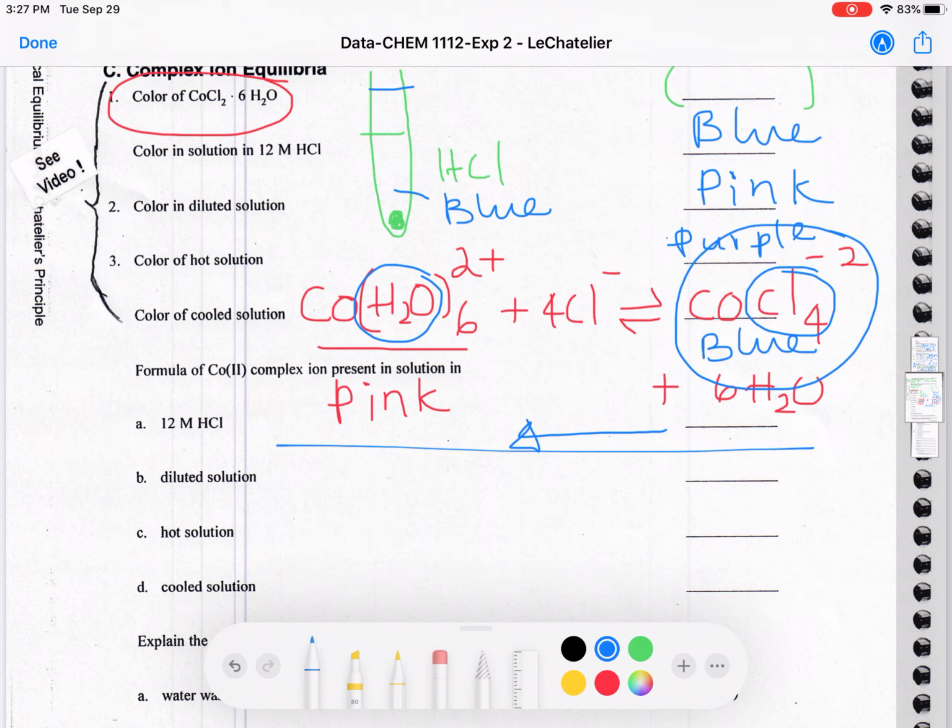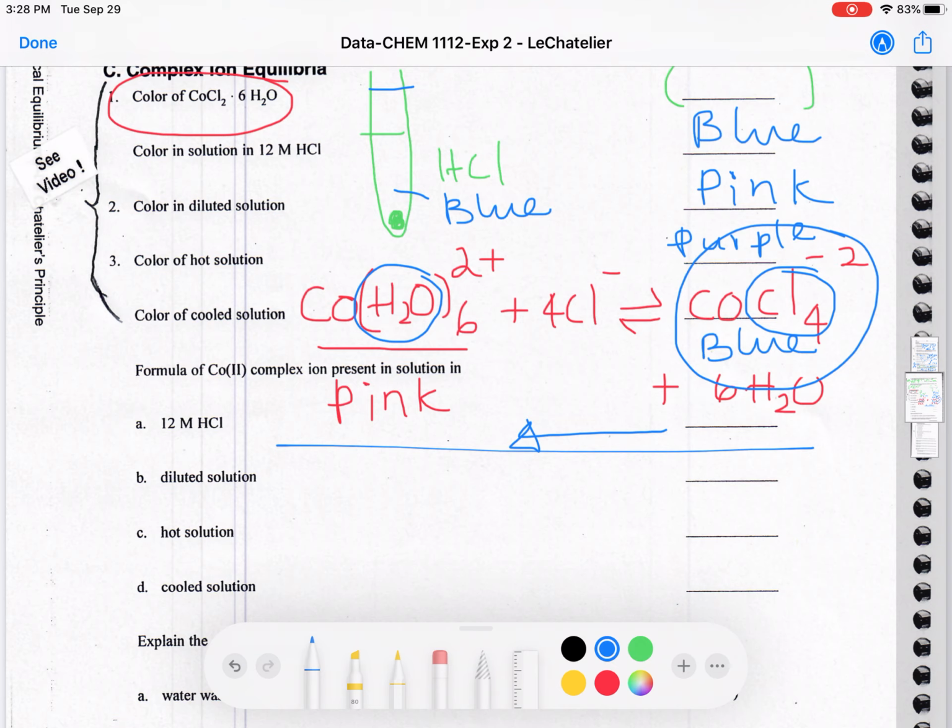Now, once you figure out the colors and you know the pink color is due to the cobalt hydrate complex, whereas the blue color is due to the cobalt chloride complex, the next steps are very easy. You just have to figure out which complex exists and then what is its formula.